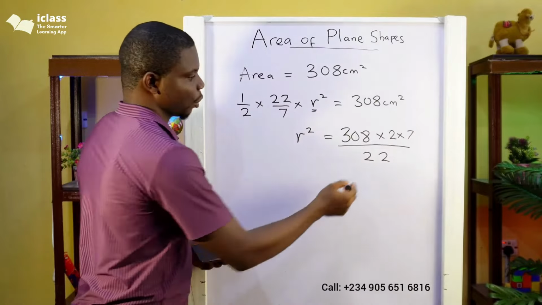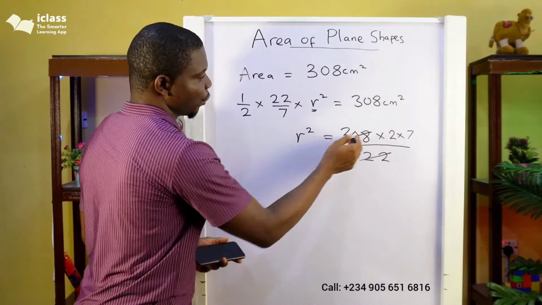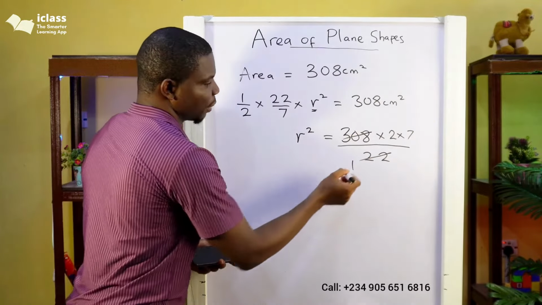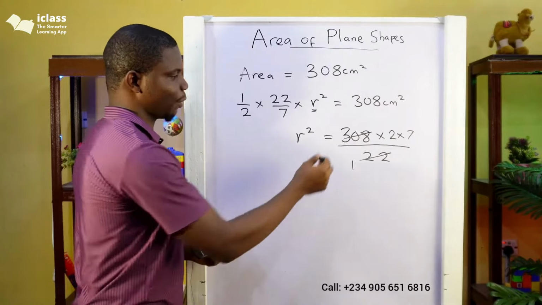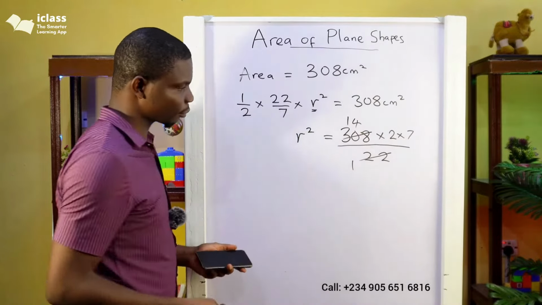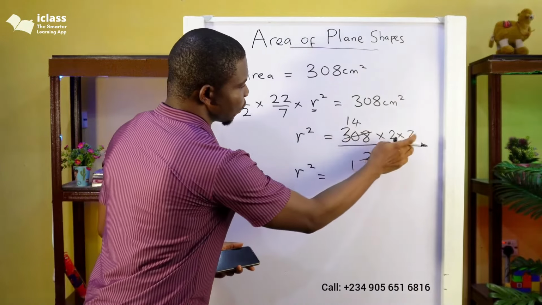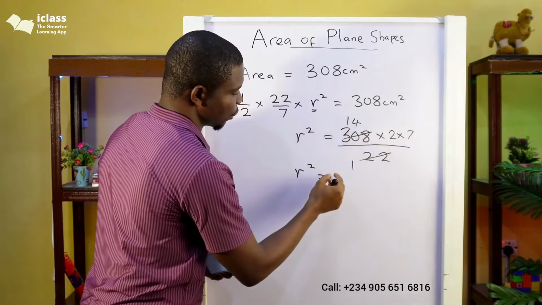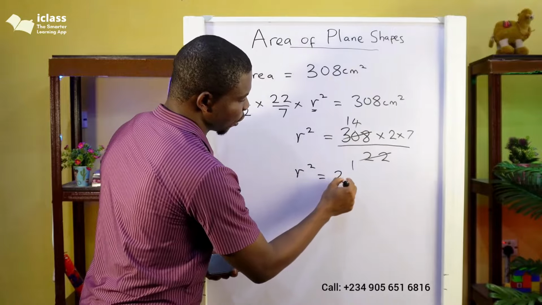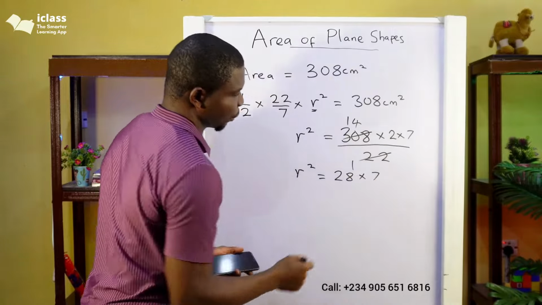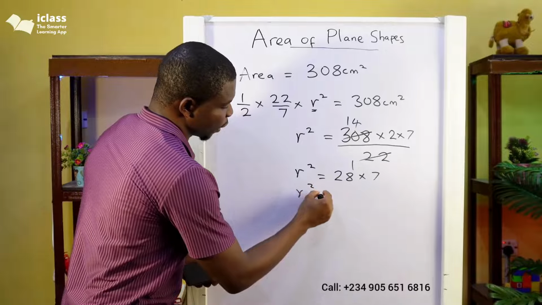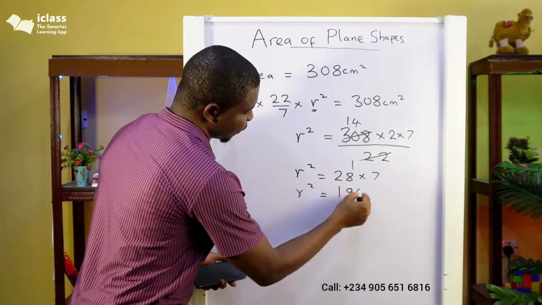All right. 22 will go into 308 how many times? That will be 14. So r squared will be equal to 14 times 2, that is 28. 28 times 7, that is 196, right?